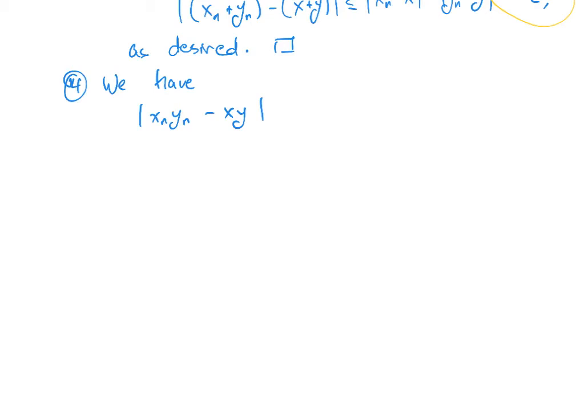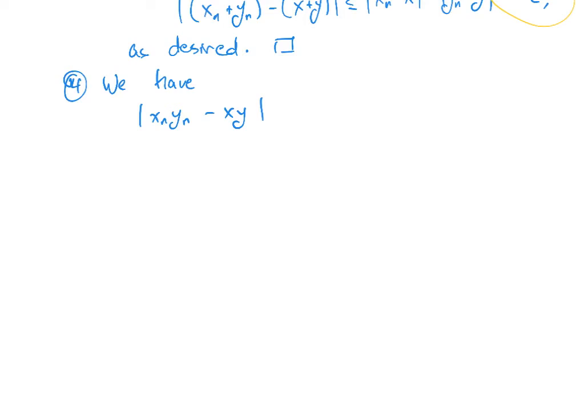I don't think it's obvious how to make that small. Either way, there's going to be some slightly messy algebra.